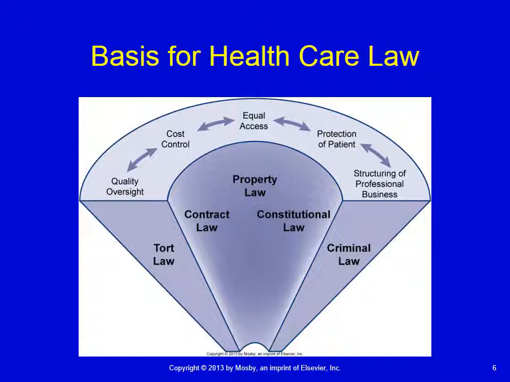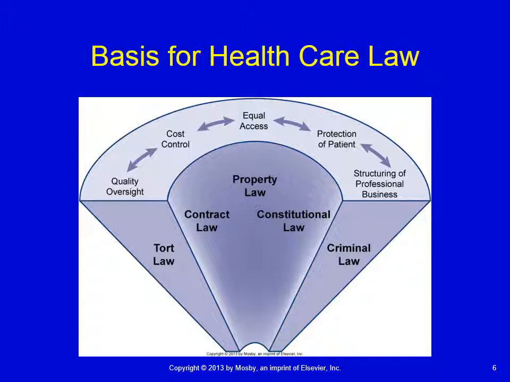issues with healthcare law fall under five different types of law. There's tort law, which is the civil wrongdoing of someone, where that person suffered a loss that resulted in harm, making the person who committed the harm legally liable. Contract law deals with, obviously, contracts, and property law deals with property.